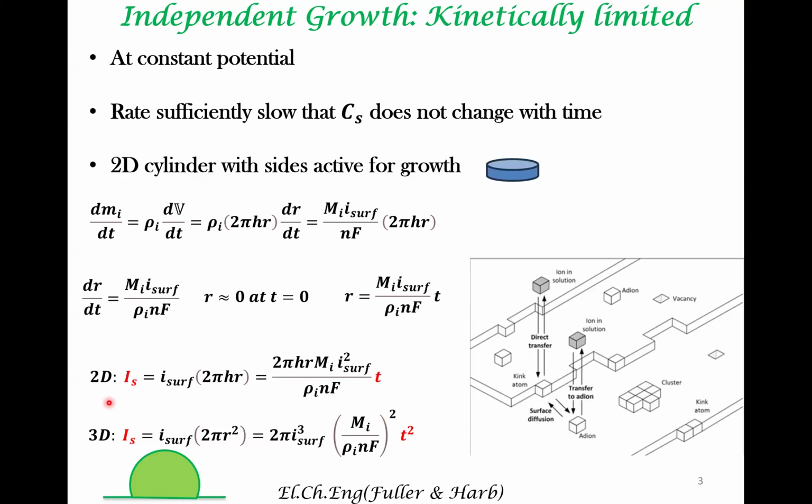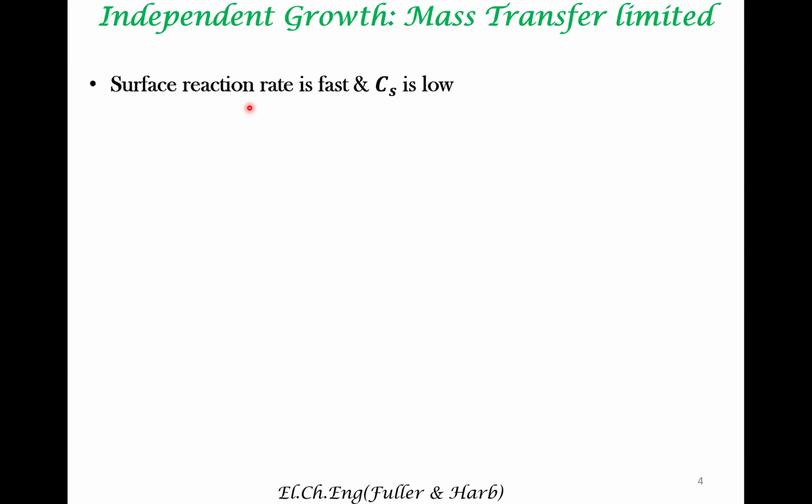As opposed to kinetically controlled growth, that is when the rate is very slow, you can consider another model where the overpotential is much larger and the surface reaction rate is much faster, because of which the concentration of the species adjacent to the electrode is low.